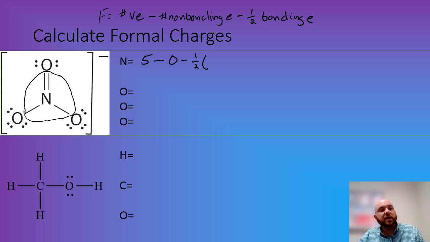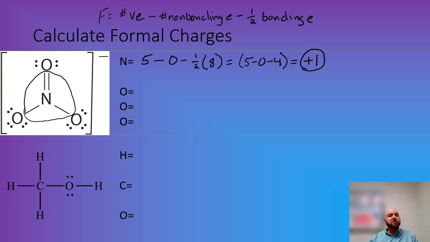We can see that nitrogen has 4 bonds, so that's 8 total electrons. And of course, once we multiply 1/2 by 8, we will get 4. So the formal charge on nitrogen is equal to 5 minus 0 minus 4. The formal charge on that nitrogen in the nitrate structure is positive 1.